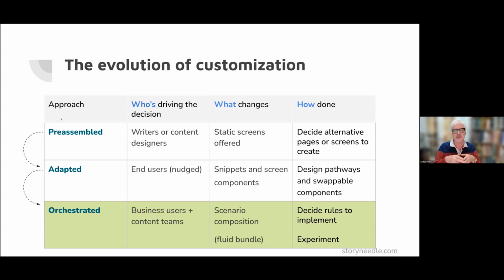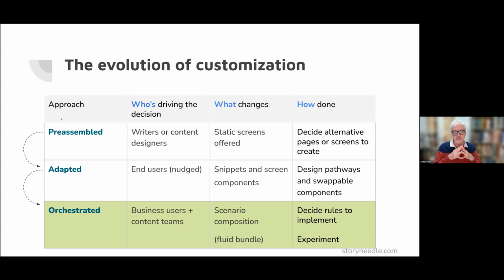And now we're getting into this orchestrated content where we're composing different bundles of content based on different scenarios. And this is involving both setting some rules that are allowing us to choose how to compose these bundles of content and run experiments. And it is much more of a team effort now.